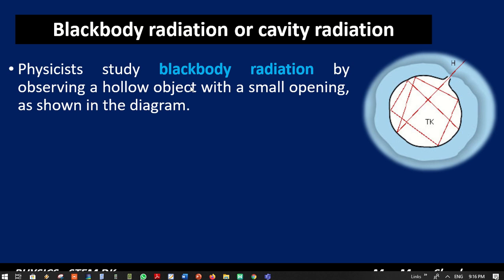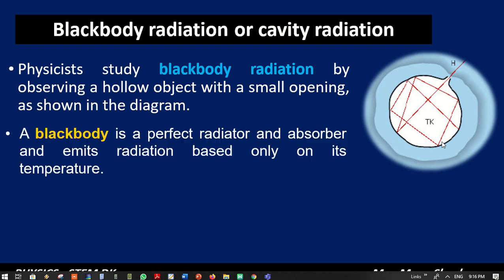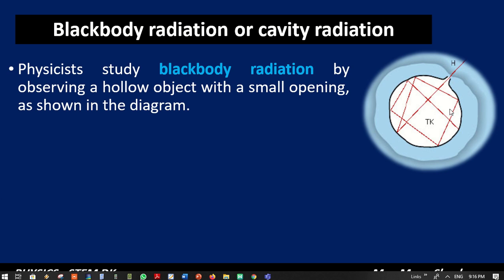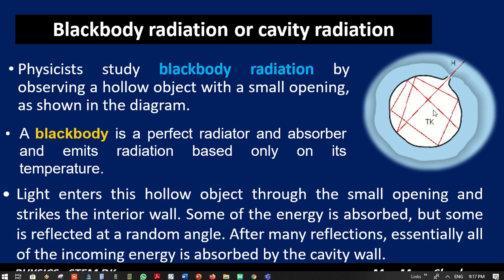Physicists study the black body by observing a hollow object with a small opening, as shown in this diagram. A black body is a perfect radiator and absorber and emits radiation based only on its temperature. It is the only factor that affects all black bodies. Okay, what would happen? Light enters from this small opening and strikes the entire wall.